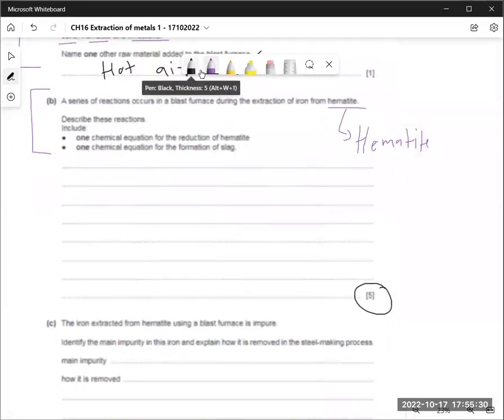So first question from Zahra and Diana. Diana, you have to answer. Give me one reaction occurring or one step of the extraction of iron. You have 4 steps, and step 4 has 2 parts. Tell me any one part of these.